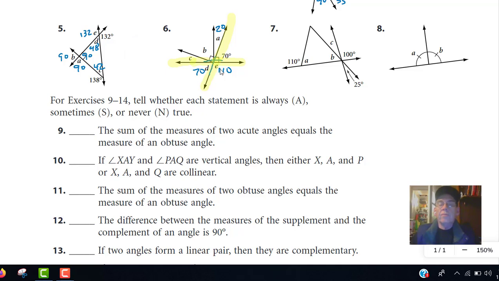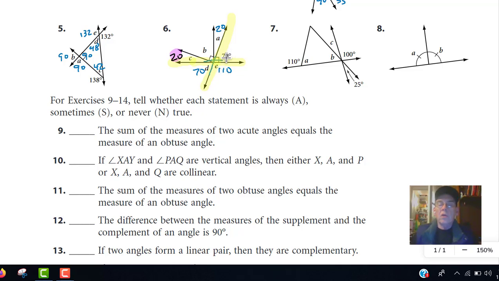So let's see. B and A together are marked as being a 90. And together these all have to be 110. So that leaves angle C to be a 20. So C is going to be 20.